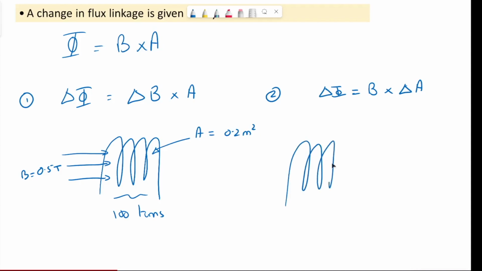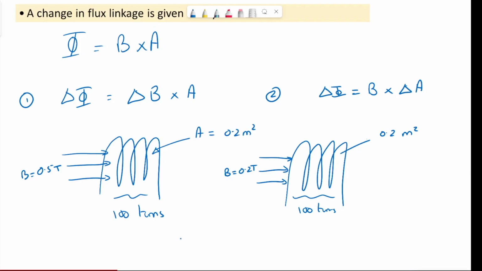After a certain time, the flux density through the coil has changed to 0.2 Teslas. The area remains at 0.2 square meters and the number of turns at 100 turns.